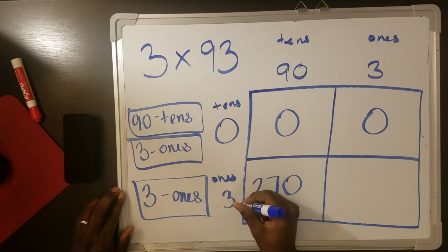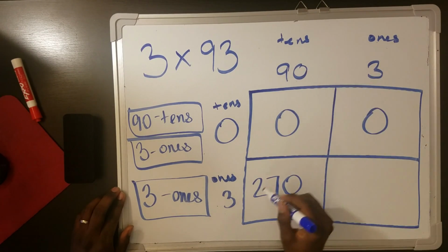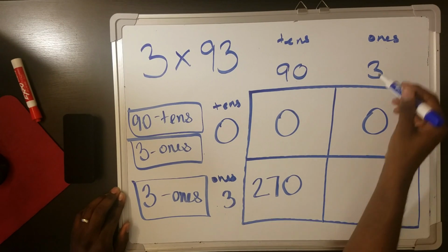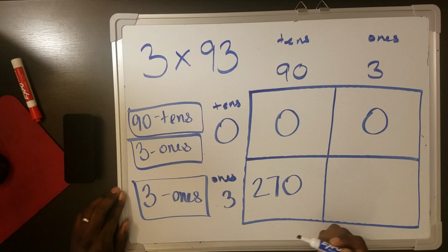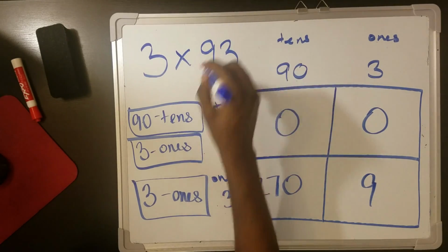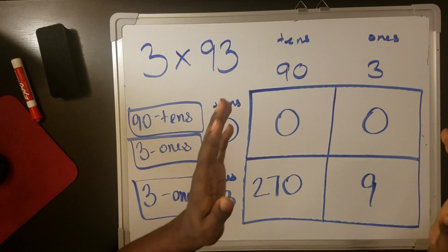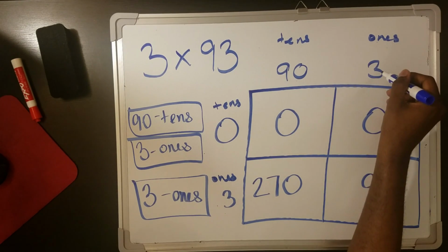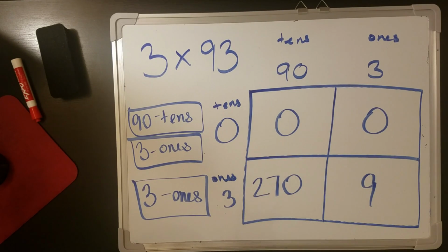So now we have 3 times 90 is 270. How about 3 times 3? Well, 3 times 3, simply 9. So we have 3 times 93, and we've broken it up into our box. We have everything filled in.